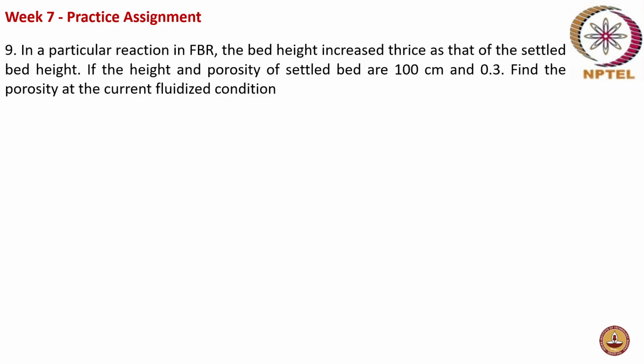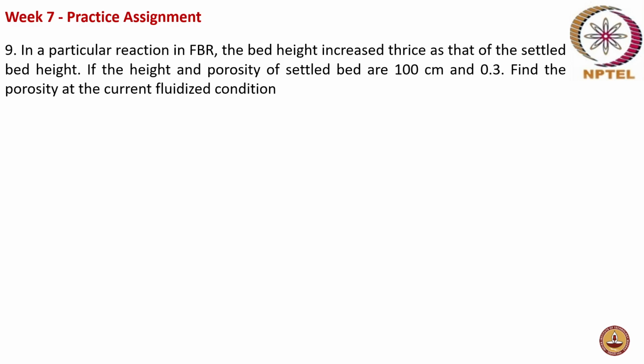Now let's get on to the final question of this session. In a particular reaction in a fluidized bed reactor, the bed height is increased thrice that of the settled bed height. If the height and porosity of the settled bed are 100 centimeter and 0.3, find the porosity at the current fluidization condition.